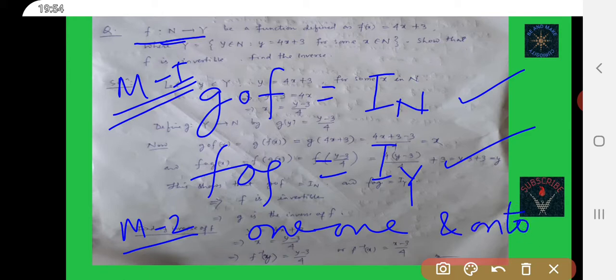If both 1-1 and onto, then we can say the function is invertible. So here we do it by this method. If we satisfy these two conditions, then we can say function f is invertible. By this you can also check whether the function is invertible or not. First we do this.